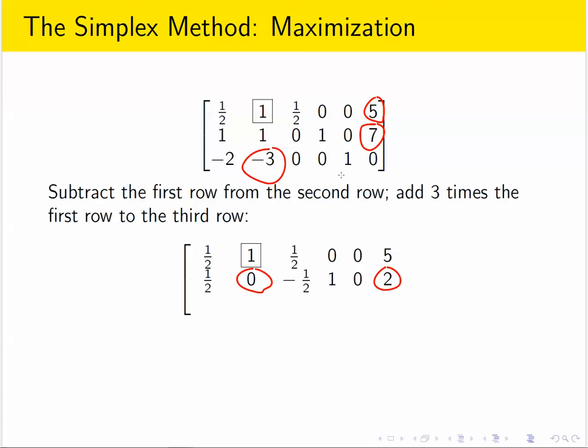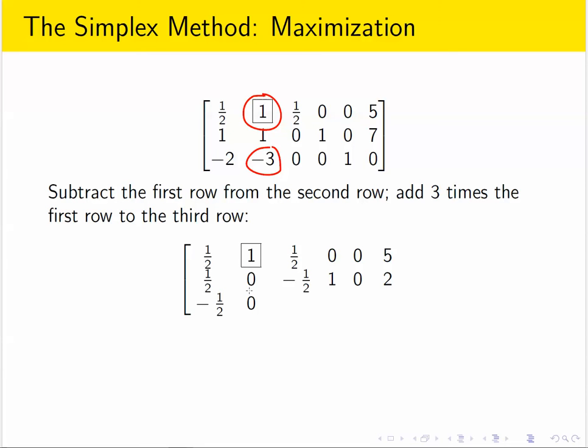Similarly, to make this entry a 0, I'm going to add 3 times the first row. So let's see how we get that. 3 times this entry is 3/2. If I add that to -2, the total is -1/2. 3 times 1 is 3.